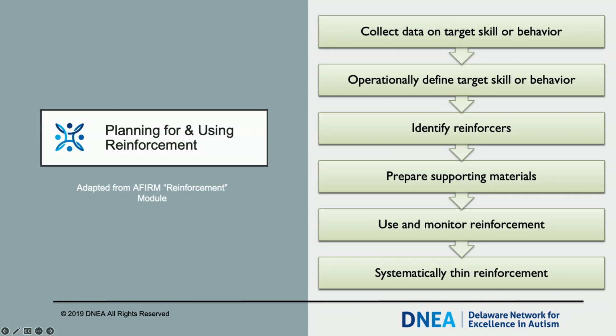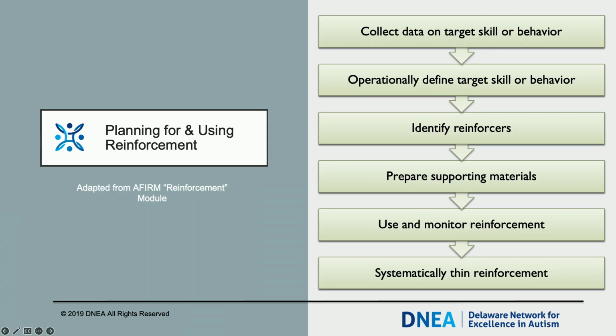Now, we will provide an overview on how to plan and use reinforcement. On this slide, you see the steps involved for planning and using reinforcement. We will elaborate on each step in subsequent slides. But first, as an overview, you want to start with collecting data on the target skill or behavior.